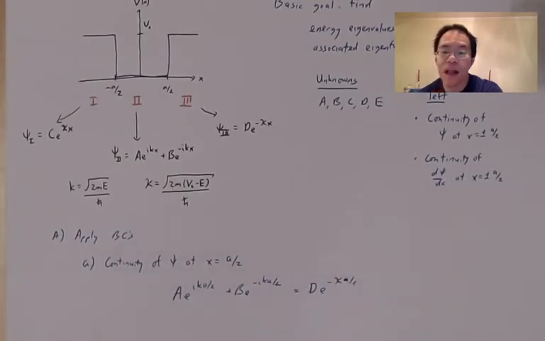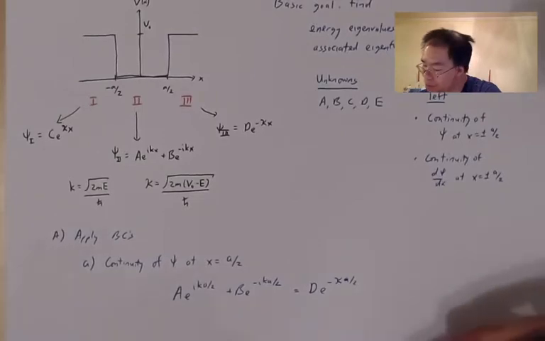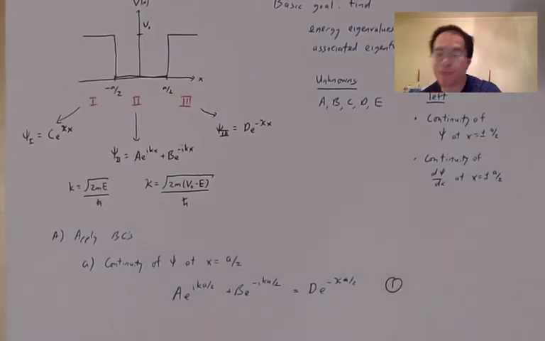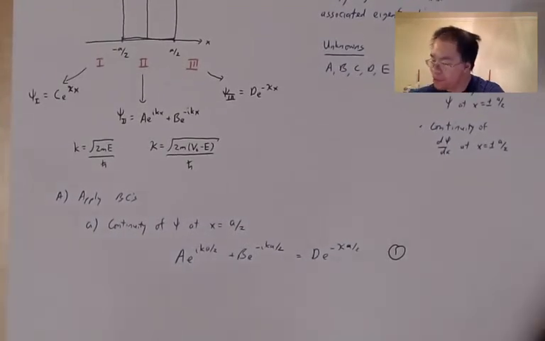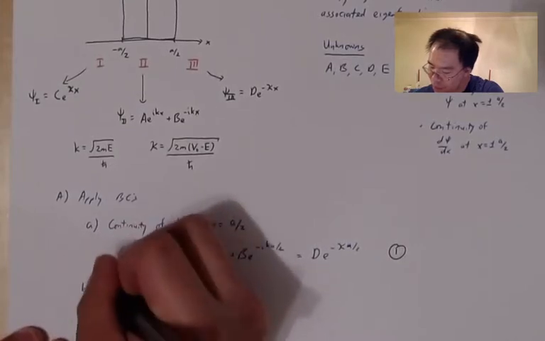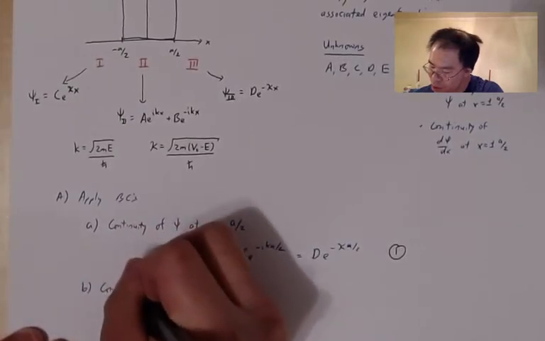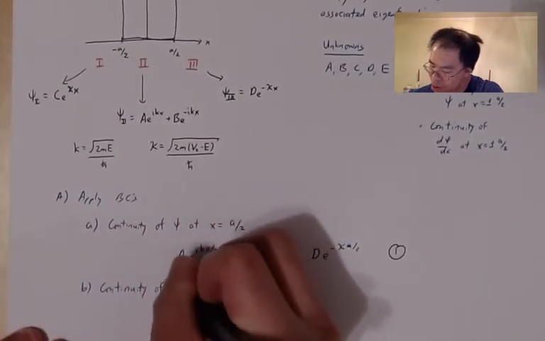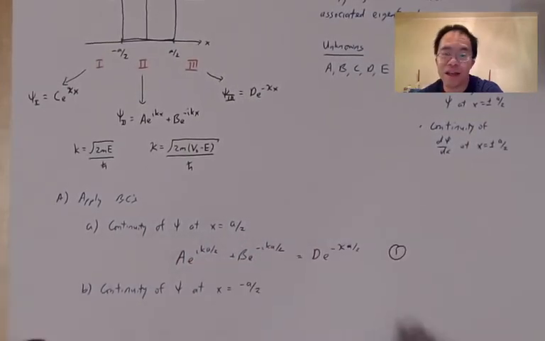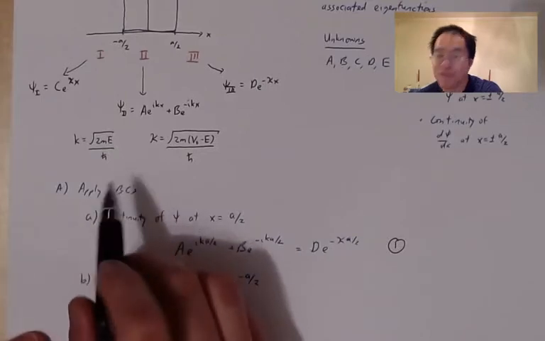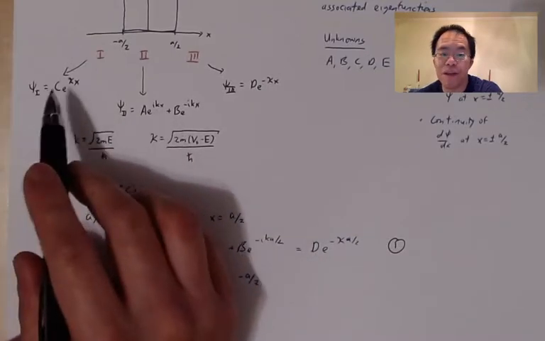Because we're going to need to refer to these equations subsequently, I'm going to number this one as equation 1. Similarly, we can do continuity of the wave function at minus a over 2. Now we just have to look at this form and that form.